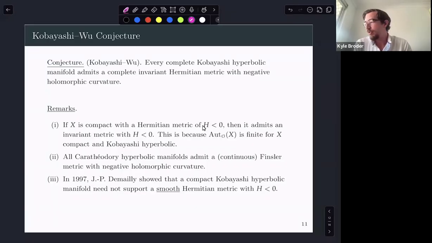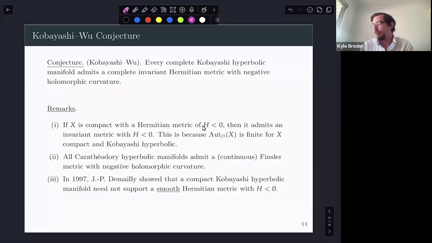This is because the automorphism group is finite for X compact and Kobayashi hyperbolic. And so what I can do is average over the automorphism group. And since negative holomorphic curvature is a convex condition, the resulting invariant metric will have negative holomorphic curvature.